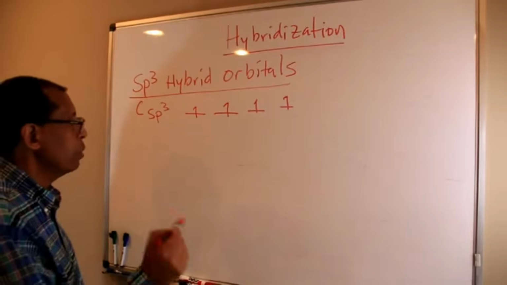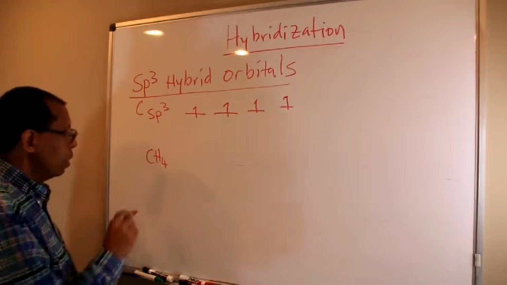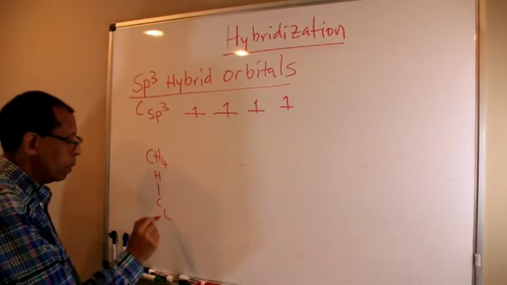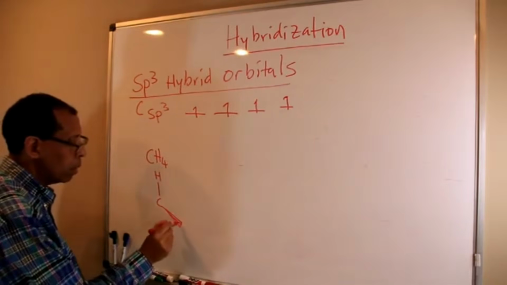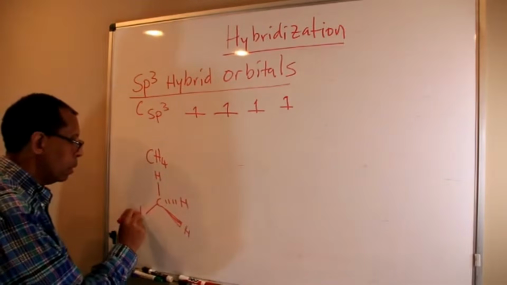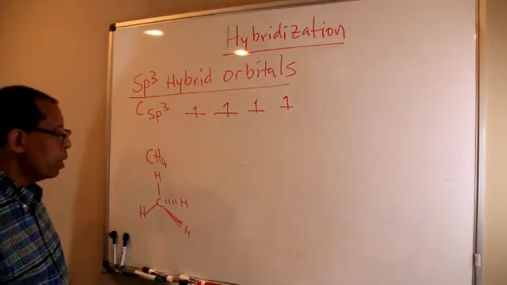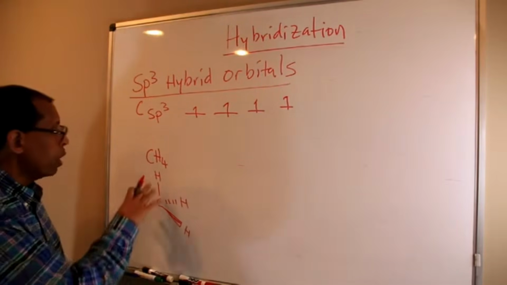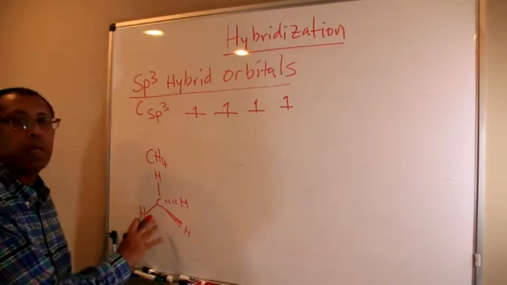If you remember, CH4, for example, looks like this. When I was discussing tetrahedral shape, this was my discussion earlier. So the sp3 orbitals are actually the ones which are shown here, basically.